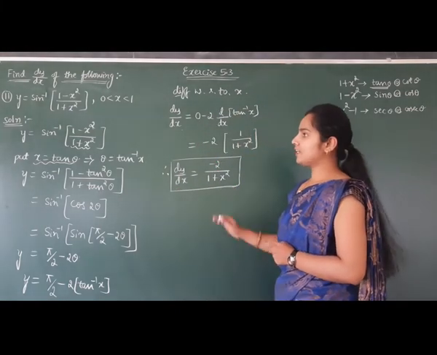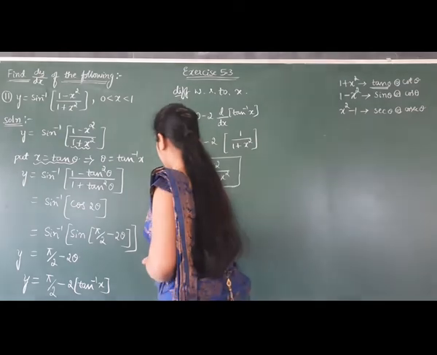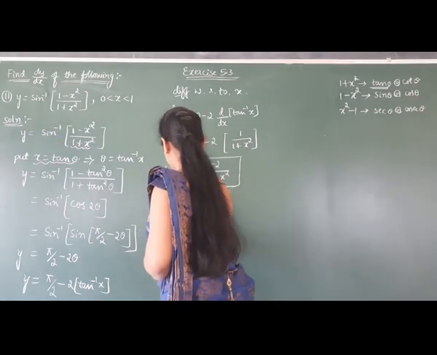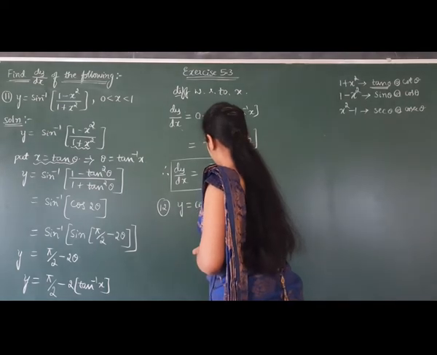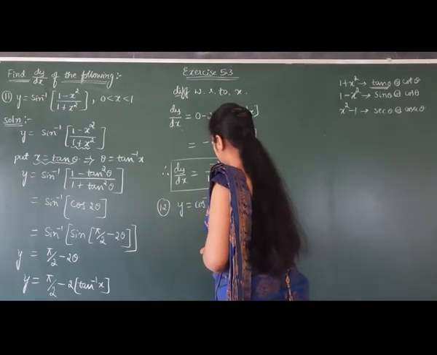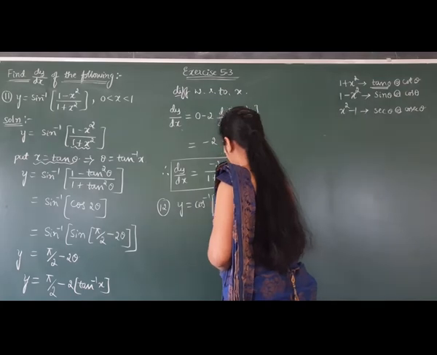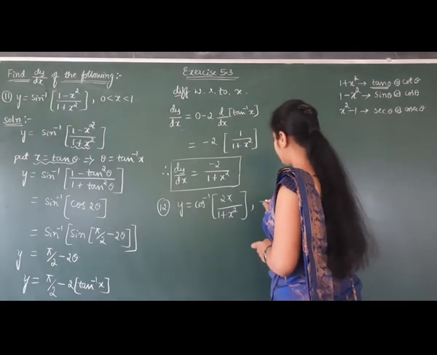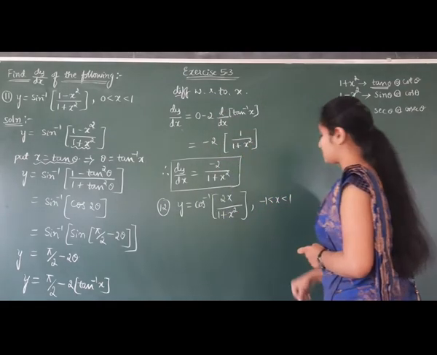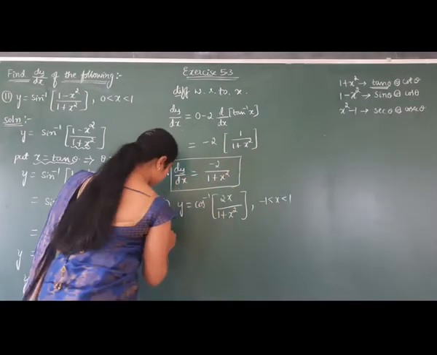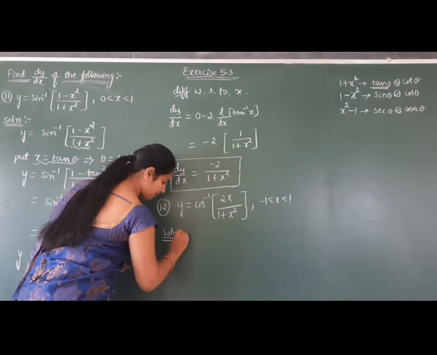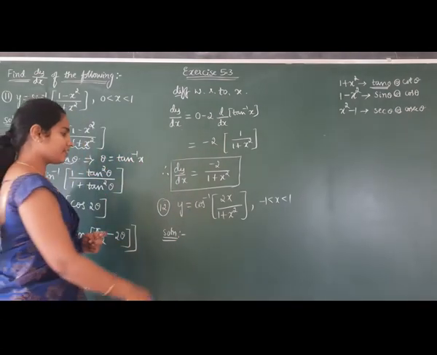Okay, so the next question is, y is equal to cos inverse of 2x divided by 1 plus x square, where x lies between minus 1 and plus 1. So the solution is, here also we consider the given function.